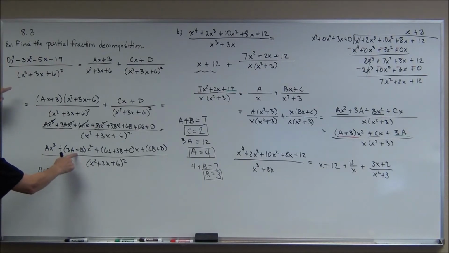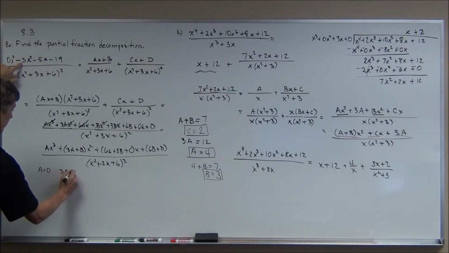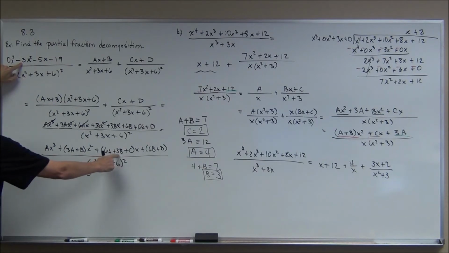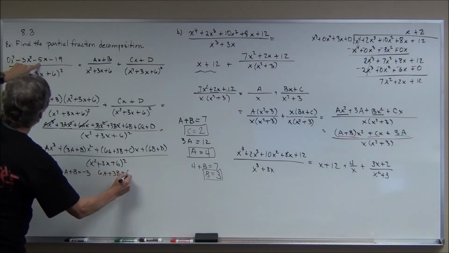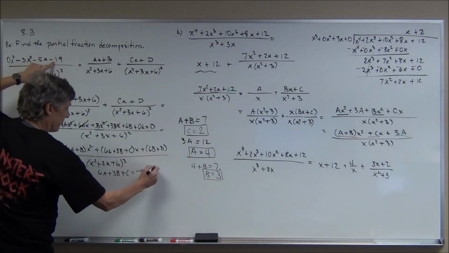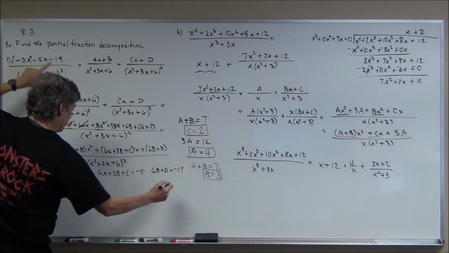Then I have 3a plus b, the coefficient of the x squared, has to be equal to negative 3. So the coefficient of the x term has to equal negative 5. So that's 6a plus 3b plus c has to be negative 5. And that means that the constant term, 6b plus d, has to be negative 19.